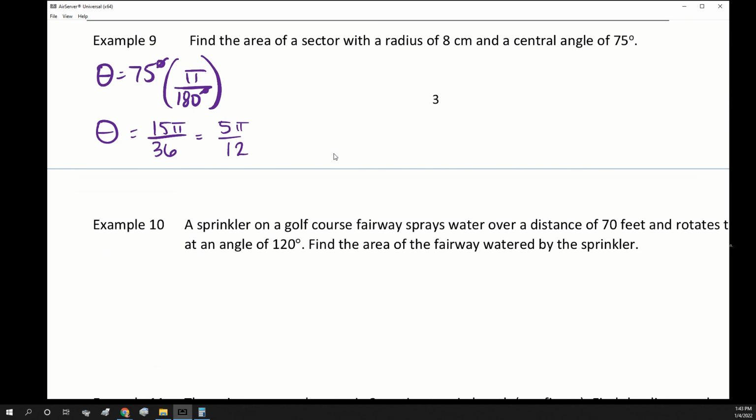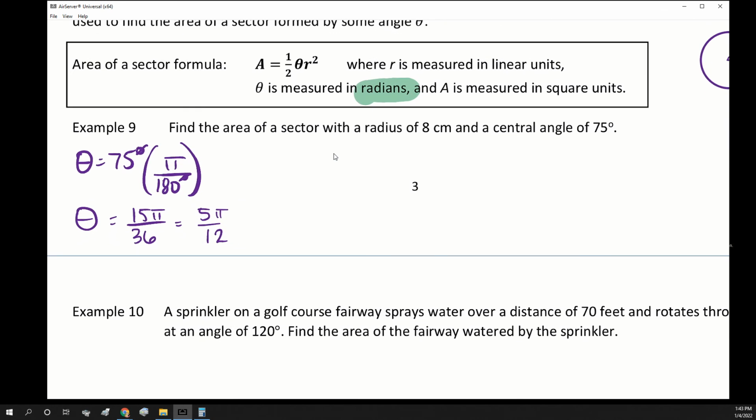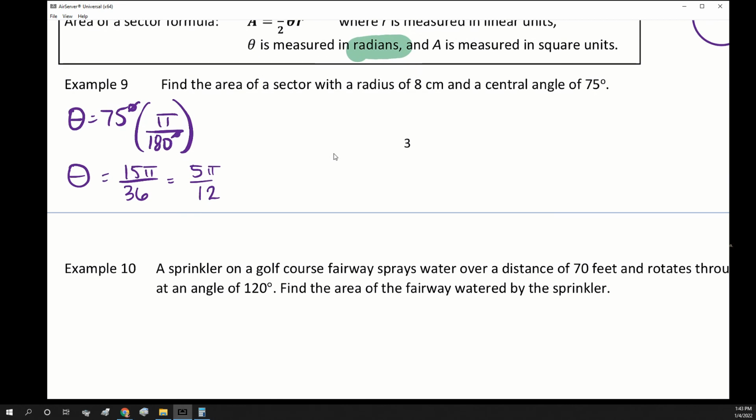Okay, so the area of the sector formula, we're going to do 1/2 times our theta that we just found, that's in radians, times the radius squared. All right. So anything in the numerator, we're going to multiply, and the denominator, we're going to divide.